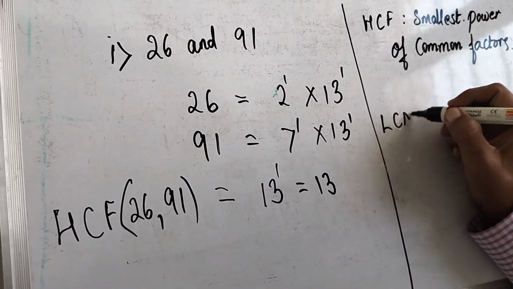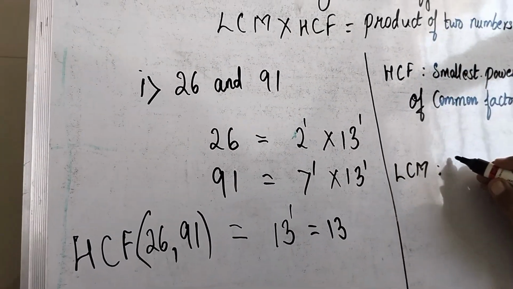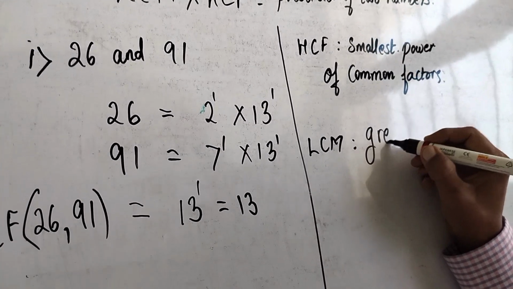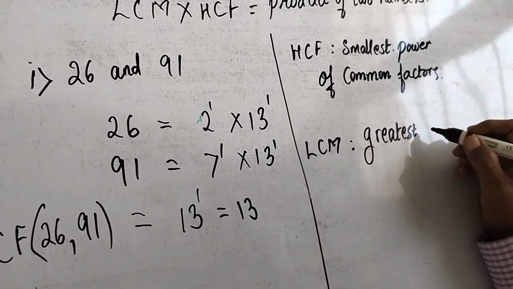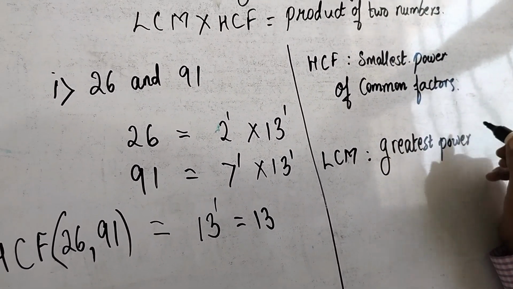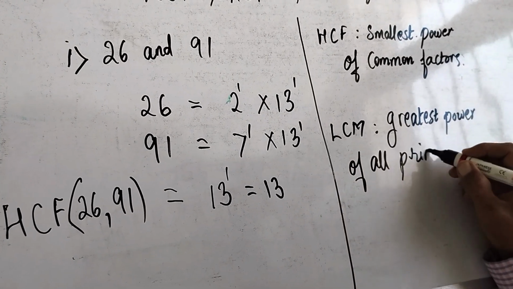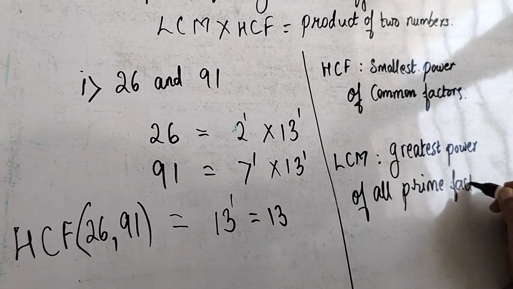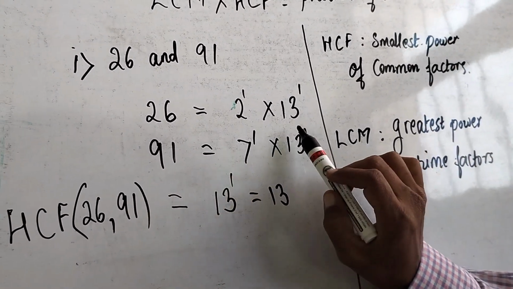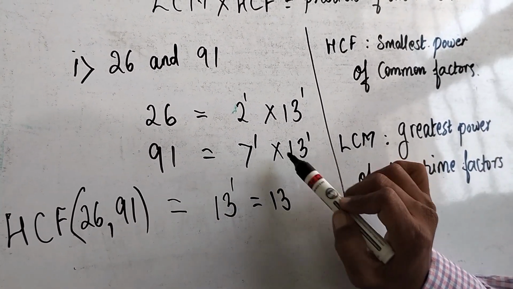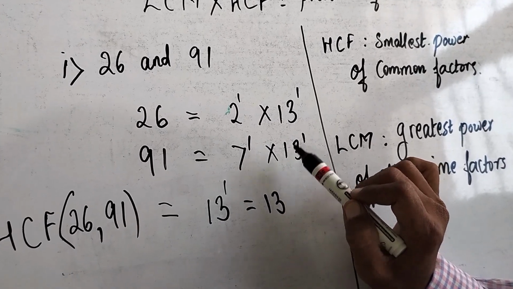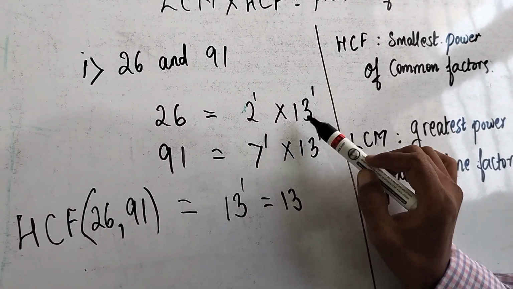Now how to find the LCM? LCM is the greatest power of all prime factors. Now how many prime factors are over here? 2 is there, 13 is there, 7, and we will not consider the repeated 13. Only once we are going to consider 2, 7 and 13.